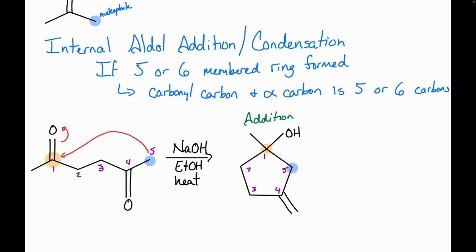So again, just matching my numbering, I can tell that there should be that carbonyl group on carbon 4. But again, this had heat, so really we should be drawing the condensation product, where that OH group comes off and forms a carbon-carbon double bond.